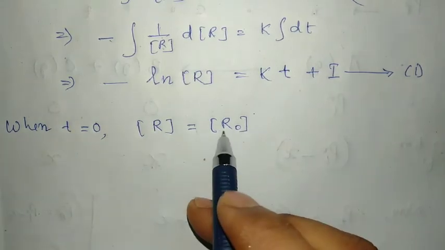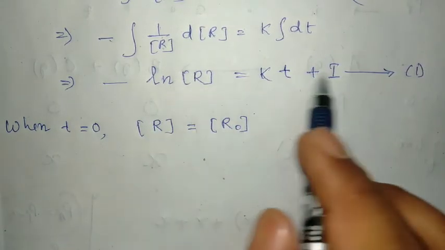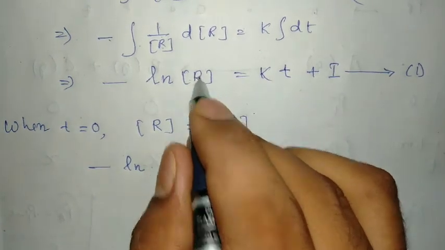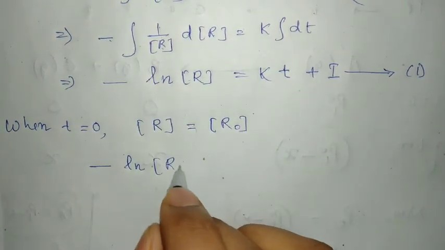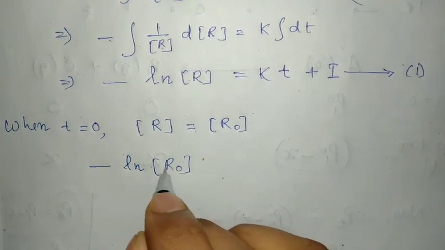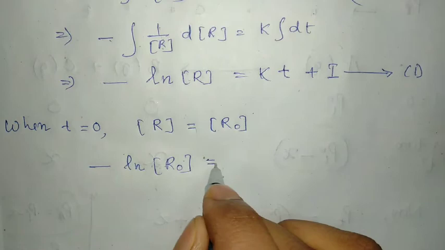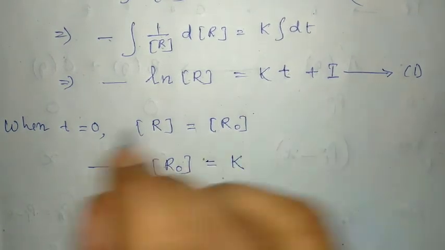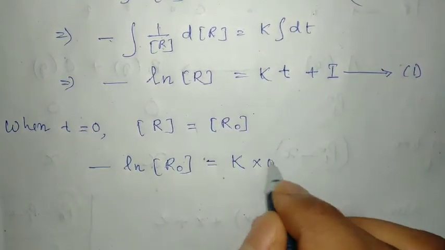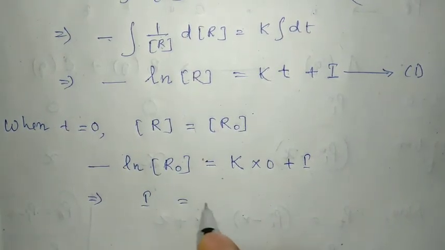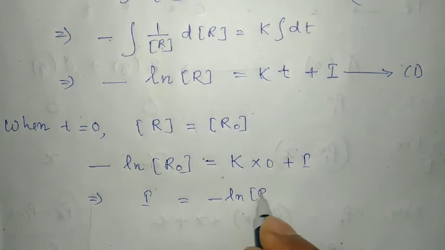Now applying this condition in equation number 1, we have minus ln R0, where R0 is the initial concentration of the reactant, is equal to k into 0 plus I. Then the value of I equals minus ln R0.